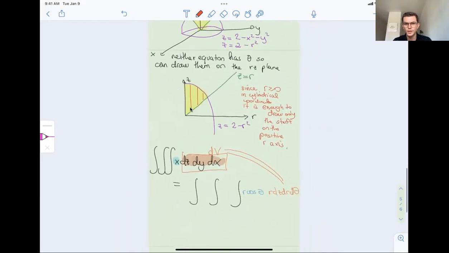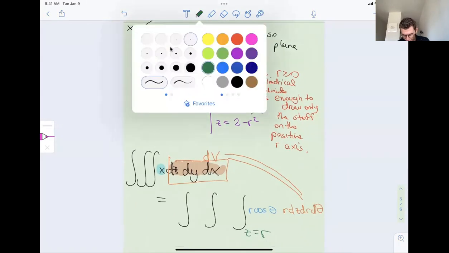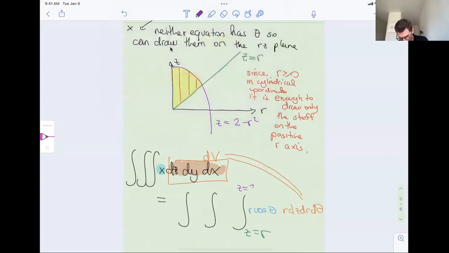They start at the green equation, right? And where do the arrows end? They end on the purple equation, right? So you put here z equals 2 minus r squared.